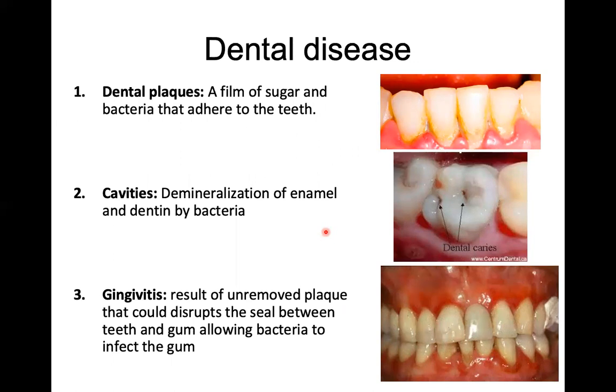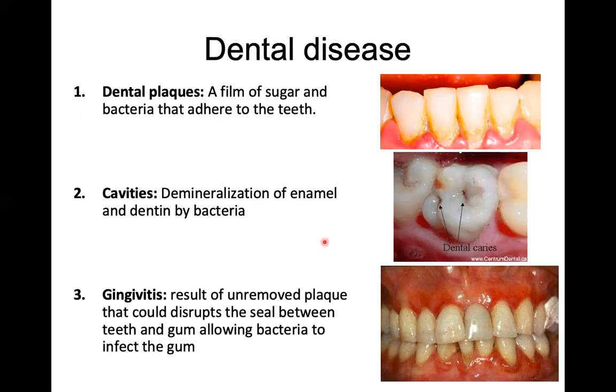Looking at some of the dental conditions or dental diseases, we have dental plaque. You can see on this picture, they're basically these yellow buildups you see on the surface of the teeth. These are a film of sugar and bacteria that adheres to the teeth because of either improper flossing or lack of brushing.